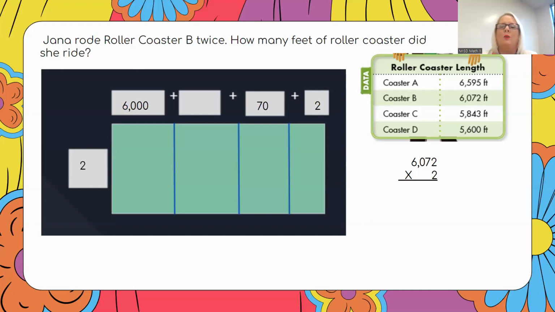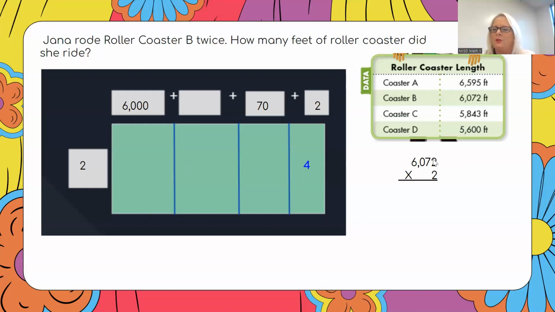And so when we multiply, in order to look for commonalities in partial products and the standard algorithm, when we get to that point, it's a little bit easier if we start with the ones place. So we're going to start there today and go ahead and multiply 2 times 2 in the area model. And what do we get? 4.